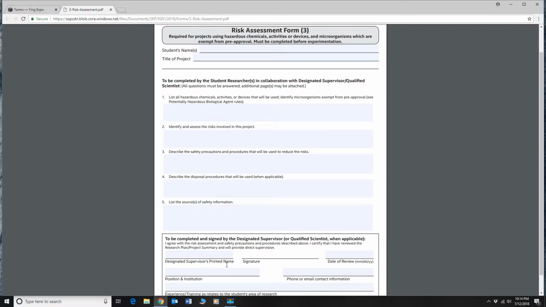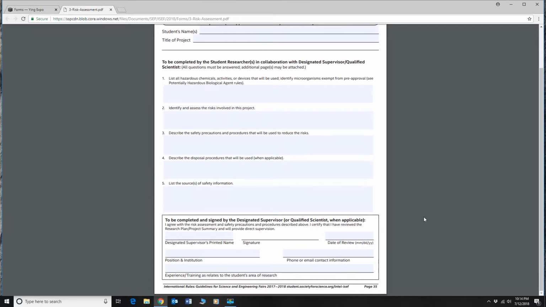The designated supervisor is usually the person who prints their name and signs it. The designated supervisor is usually the parent, but not necessarily. If a qualified scientist is overseeing the project, the qualified scientist is probably going to be the one that signs this form. It should not be the teacher.